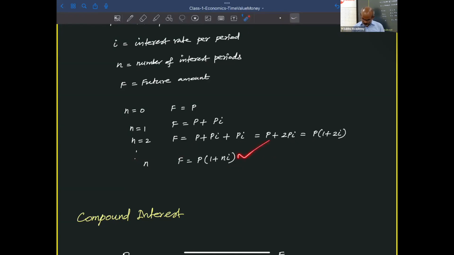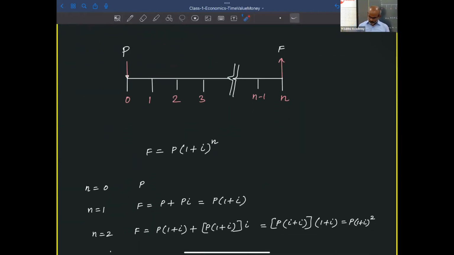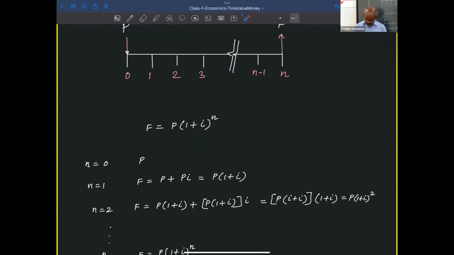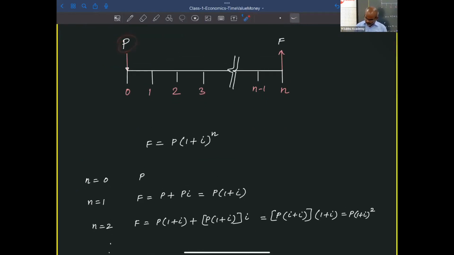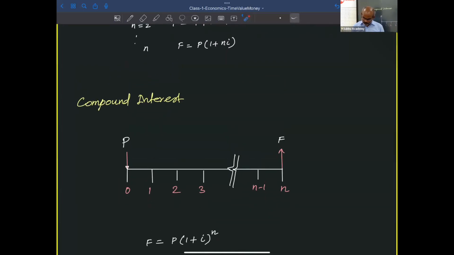Okay. And the compound interest, what they are doing: initially you have P, and at the end of N years, you'll be getting F. And how F and N are connected: F equal to P into 1 plus I to the power N. So the difference is that here it is F equal to P into 1 plus IN, I into N in multiplication.